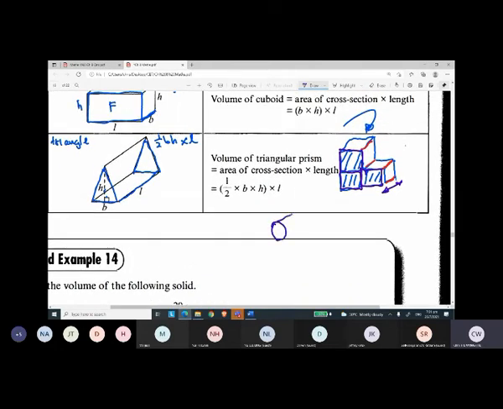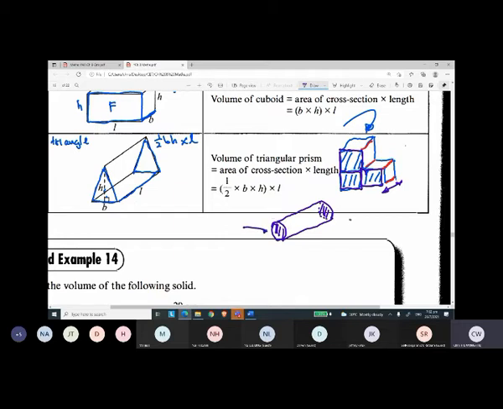So if I give you a cylinder, let's say for example, another cylinder, okay? How do you find the volume of the cylinder? This is a cylinder. So if I ask you a question again, is this a prism? The answer is yes. The reason is this side and this side are the same, so two sides are the same. All you need to do is to find the area of one side.